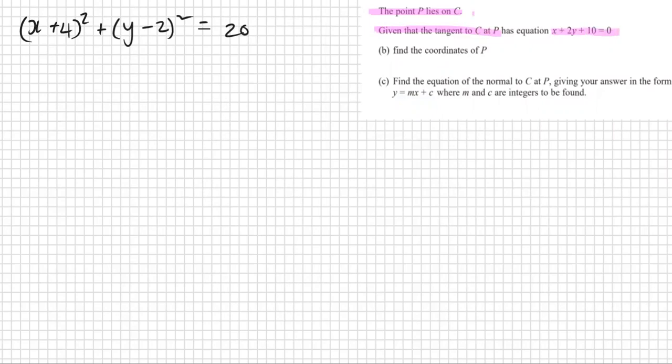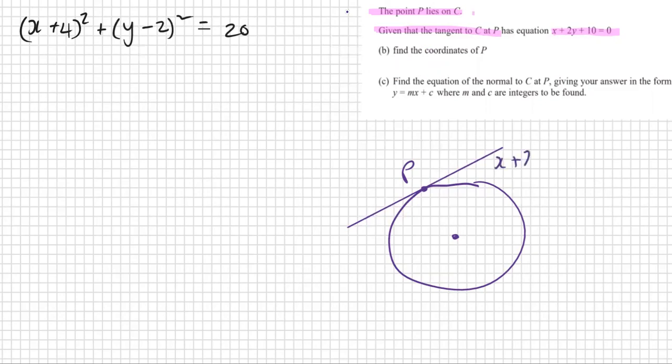So to draw that, here's the circle that we're working with, and at point P, which could be anywhere on the circumference of the circle, there's a tangent, and this tangent has the equation x plus 2y plus 10 is equal to 0. So this is our tangent line. So it's saying find the coordinates of P.